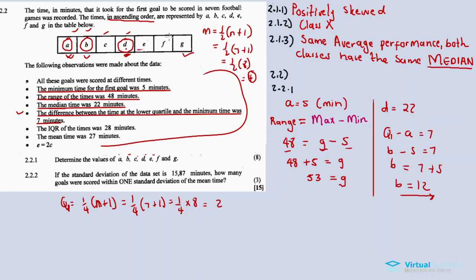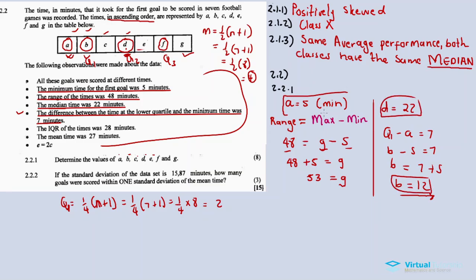Then we come back to the interquartile range of the times, which was 28 minutes. So now we can calculate F, because F is our Q3. Yes, it's Q3. The lower quartile is Q1, then Q2, which is the median, then Q3.